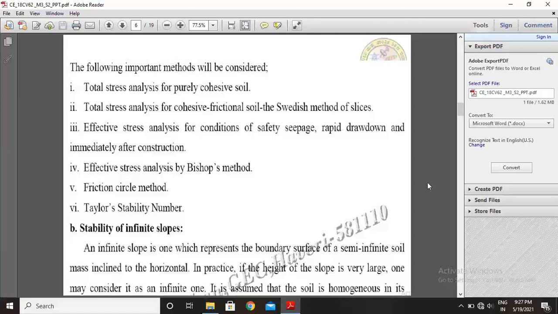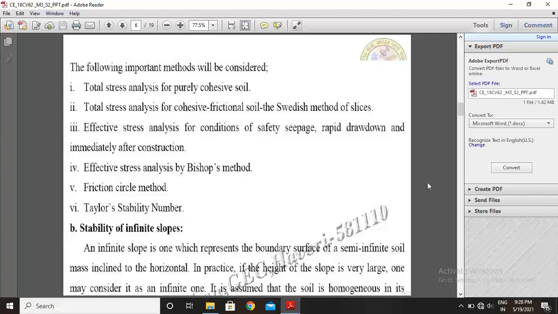Let us see stability of infinite slopes, how stability is calculated and explained for infinite slopes. An infinite slope is one which represents the boundary surface of a semi-infinite soil mass inclined to the horizontal.